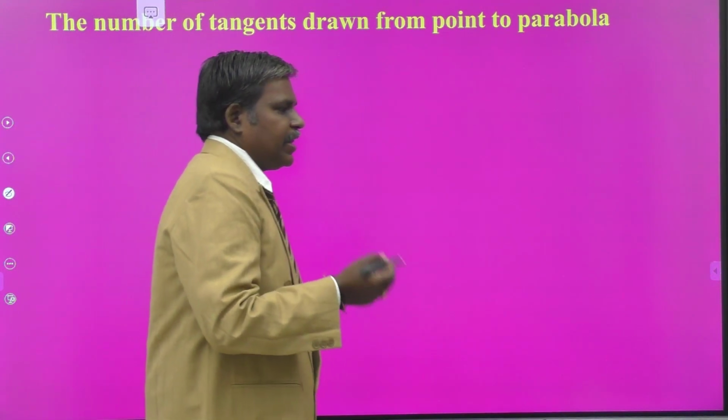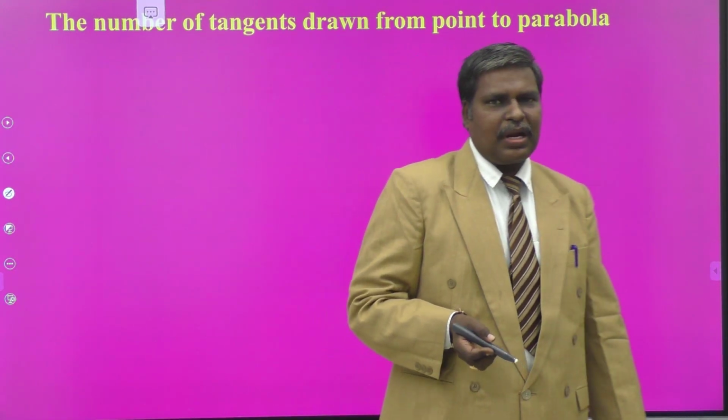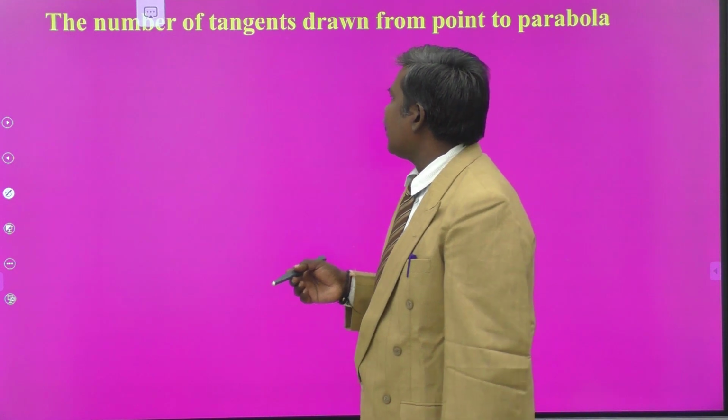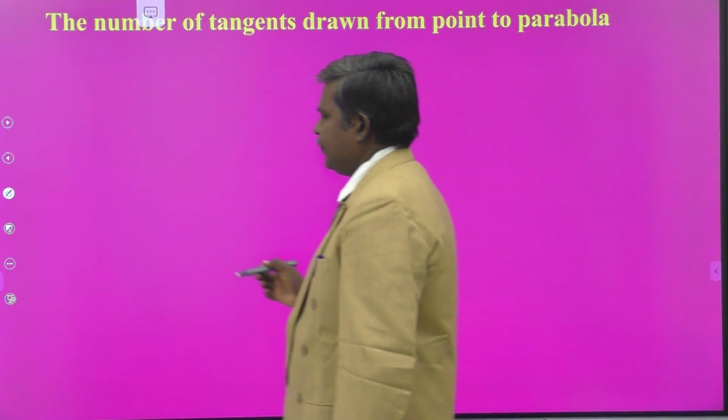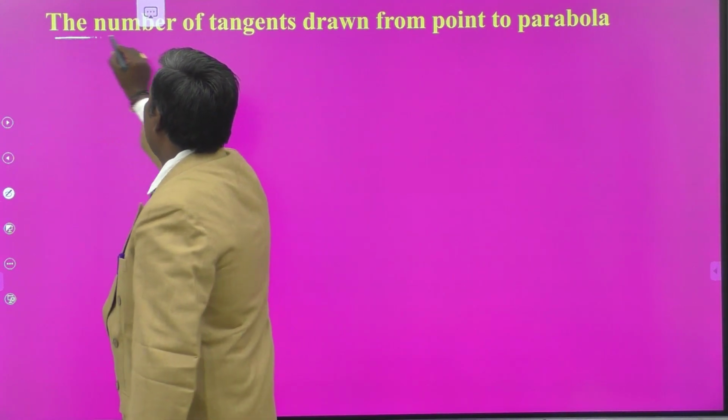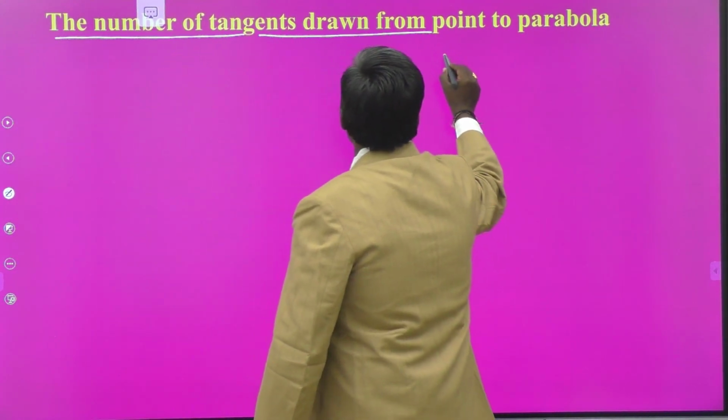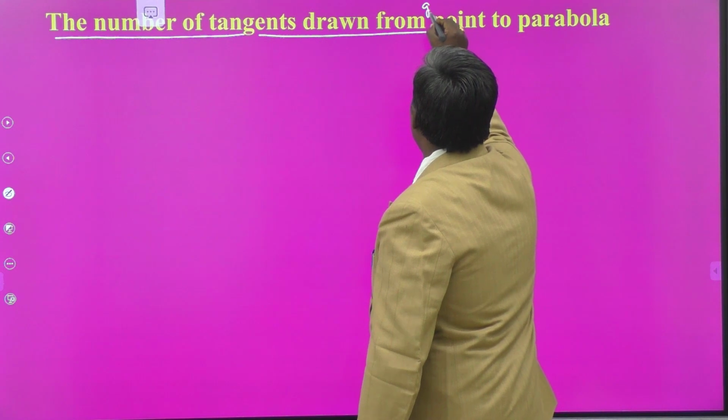Now, after getting the general equation of tangent to the parabola, let us see the number of tangents drawn from a given point to the parabola. We have to find out the number of tangents drawn from a given point to the parabola.